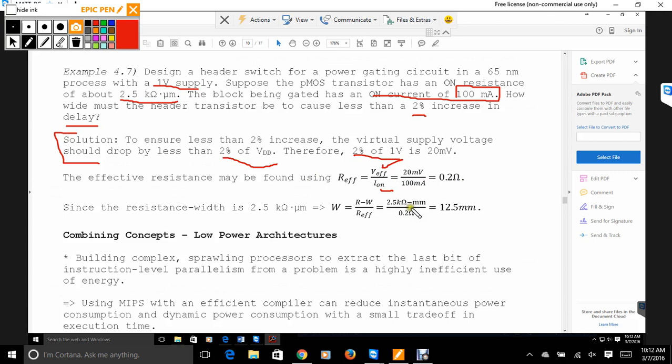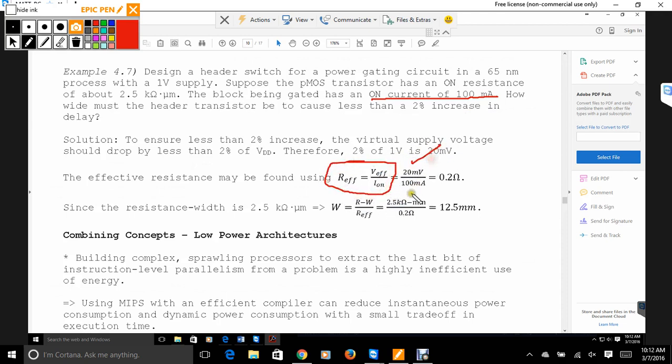We know that the on current is 100 microamperes, which we get from here. So in order to determine the effective resistance, which is the resistance to get less than 2%, we just use Ohm's law. 20 millivolts divided by 100 microamperes becomes 200 ohms.